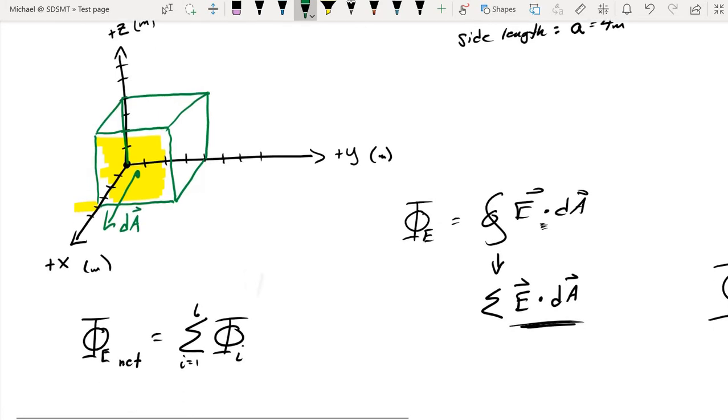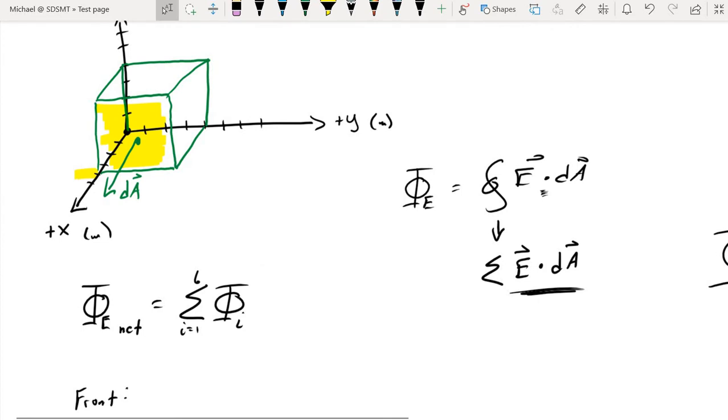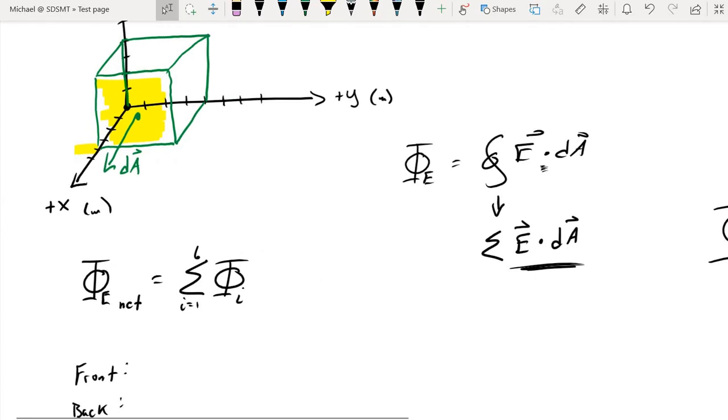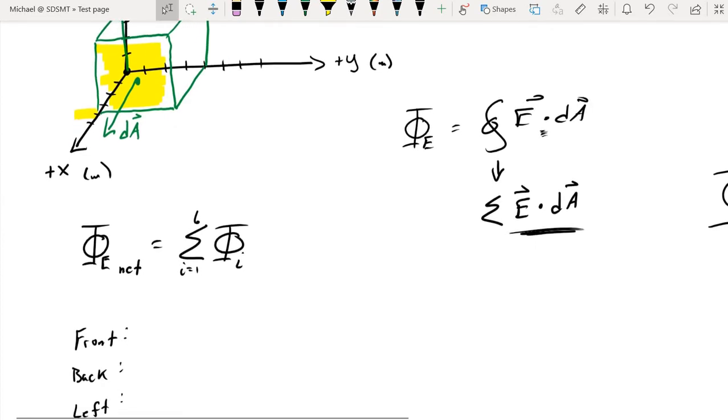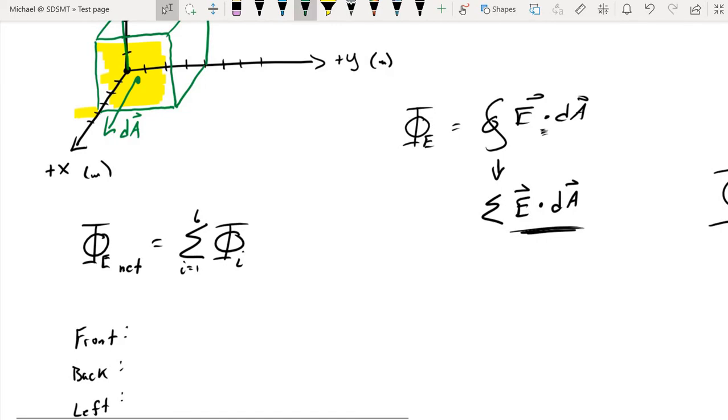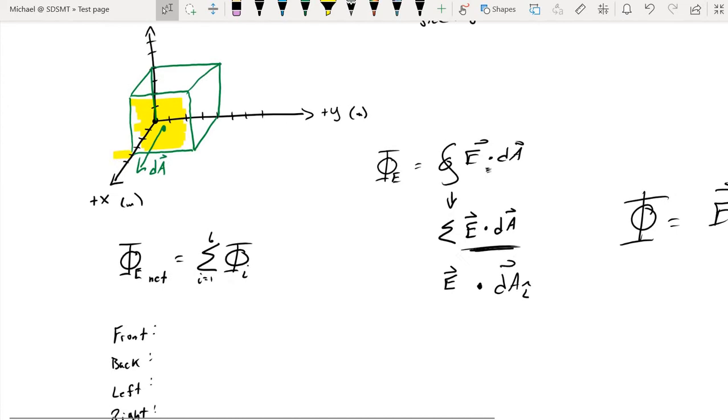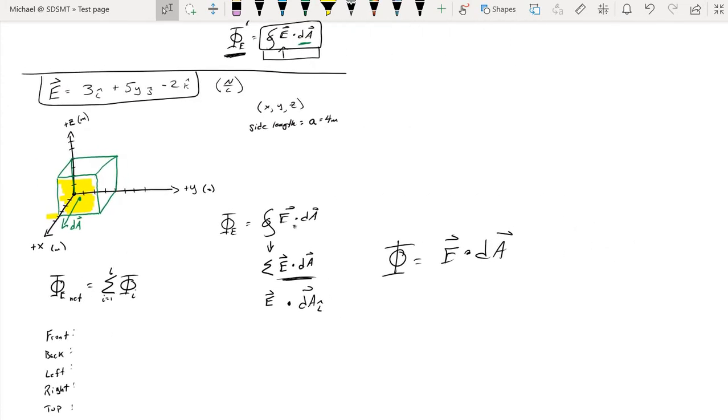In other words, we have an area vector for the front face, which is pointing in the positive x direction. So dA is pointing in the positive x direction. And we need to take the dot product of that with our electric field vector, which has 3 different components. We have an x, a y, and a z component.